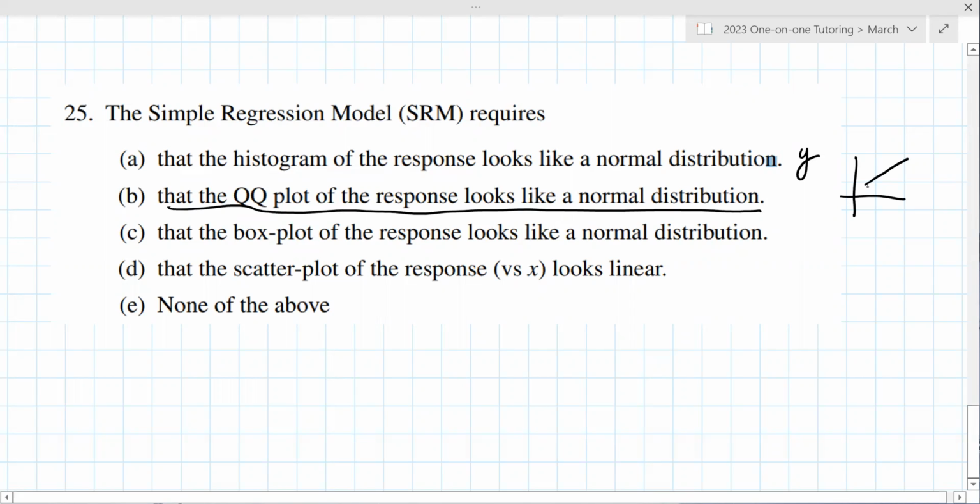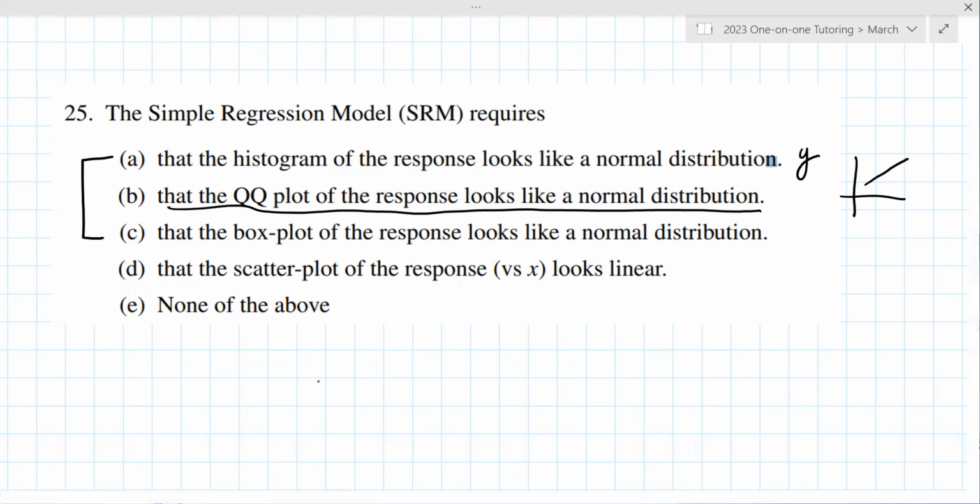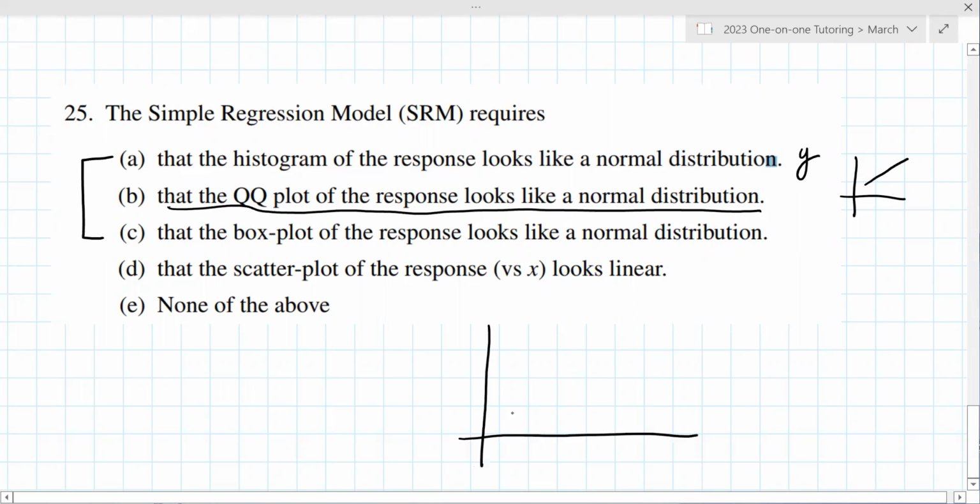Here's where I don't understand, because this question could be: does it look like a normal distribution? Is the straight line that the QQ plot shows indicative of a normal distribution? There are some language barriers, because the way a QQ plot looks is there are very few points out at the extreme ends, and more of them in the middle.